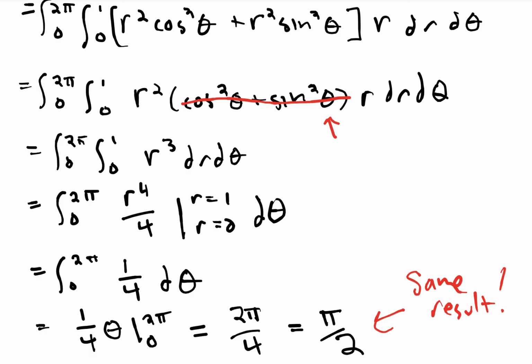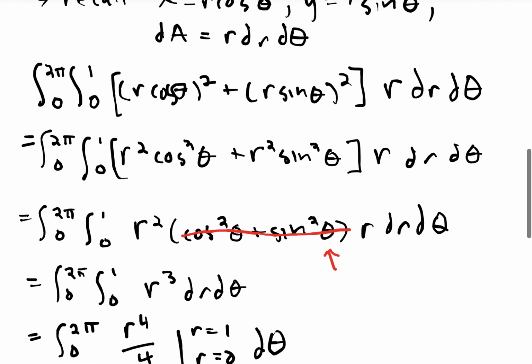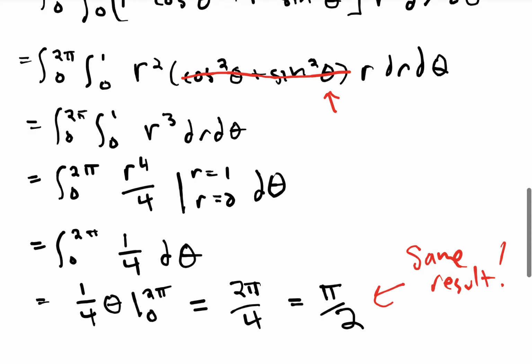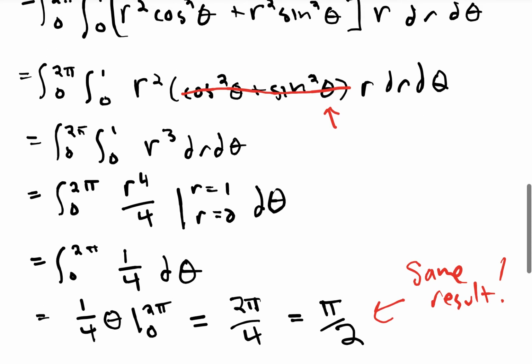Okay, cosine squared theta plus sine squared theta is 1. But aside from that, everything else cleaned up very nicely, right? So pretty painless integral that didn't involve any trig substitution or weird obscure half angle identities or things like that. And it came out really nice.